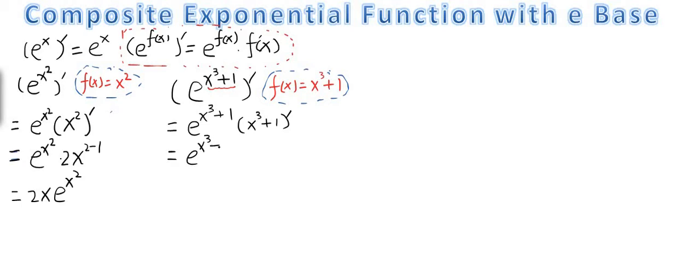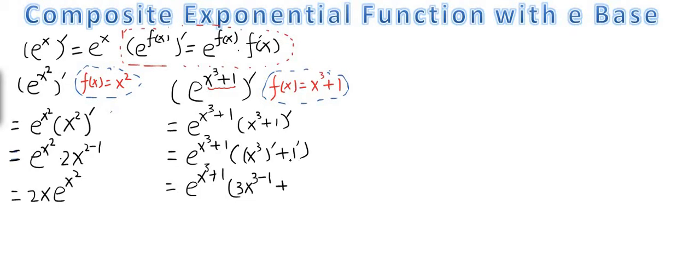We're gonna do the derivative of this polynomial for each term. x cubed prime, we're gonna follow the power rule: 3x to the power 3 minus 1.